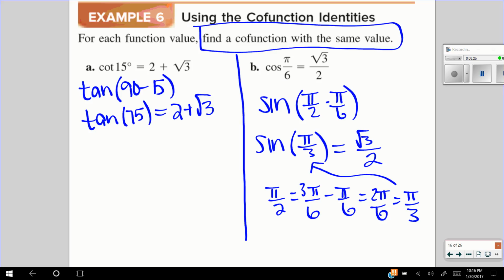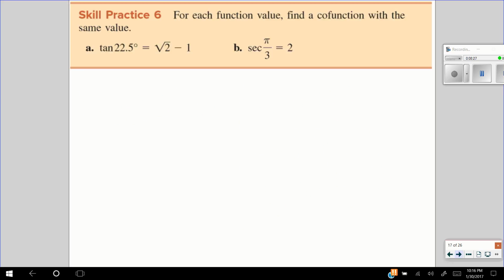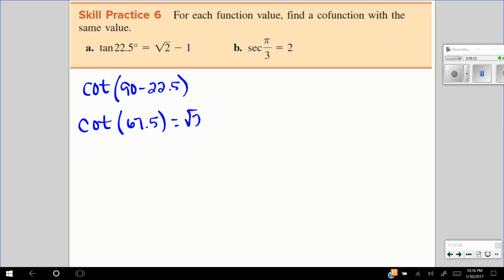Okay? So looking at this one, what is the cofunction to tangent? Well, the cofunction of tangent is cotangent. And we need the complement of 22.5, so I'm going to subtract it from 90, and I'll get the cotangent of 67.5 is equal to the square root of 2 minus 1.